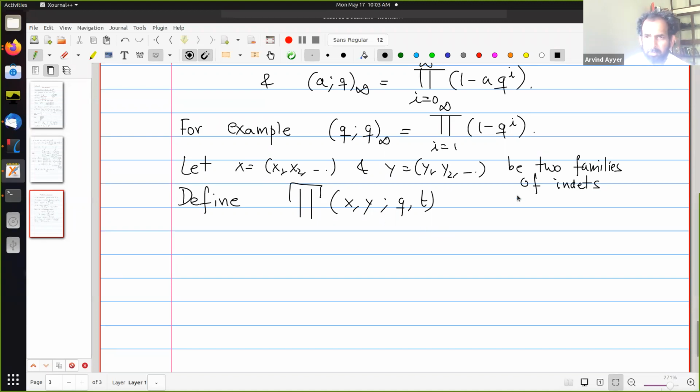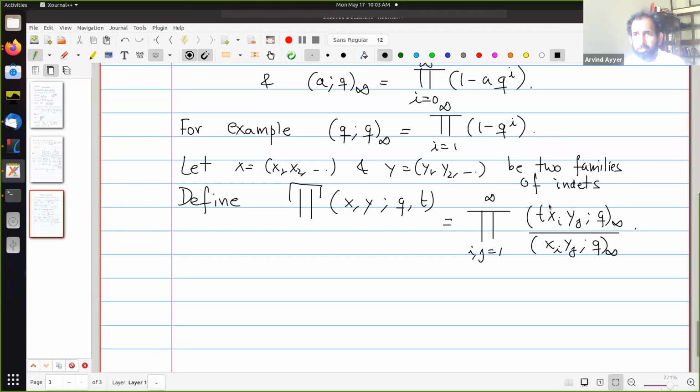Define this to be equal to the product over i, j going from 1 to infinity of the ratio of these two Pochhammer symbols: (t x_i y_j; q) infinity divided by (x_i y_j; q) infinity. Okay, so the difference between the numerator and the denominator is only this factor of t, but of course that changes a lot of things.